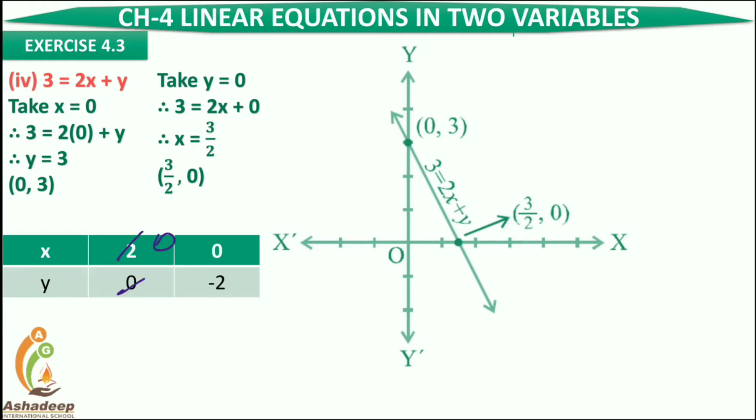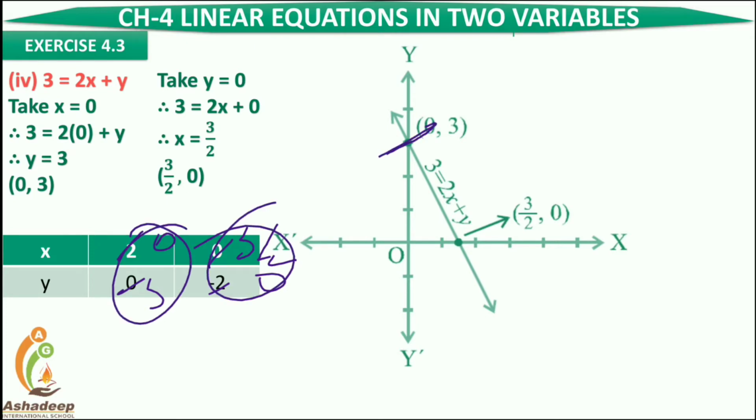So here it is 0 comma 3 and here it is 3 by 2 comma 0, right? So these are the 2 points. Simply join this line and this is the line of equation 3 is equal to 2x plus y.